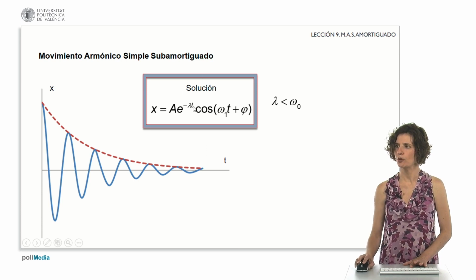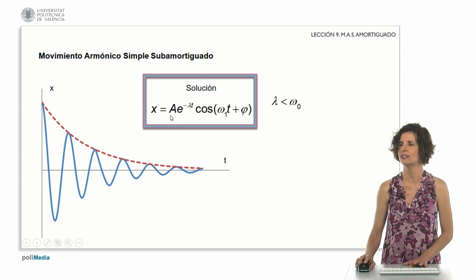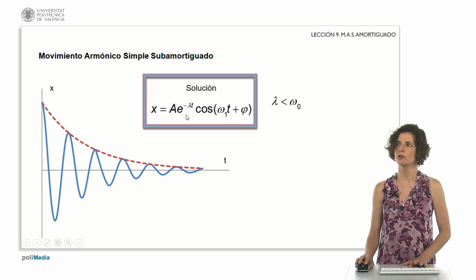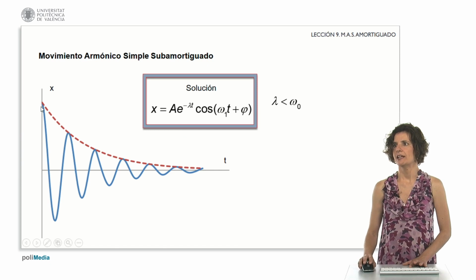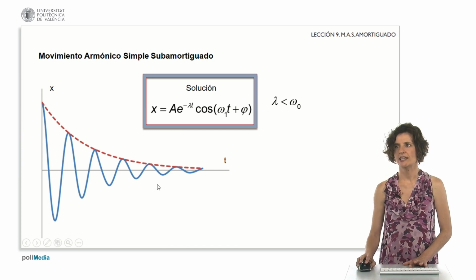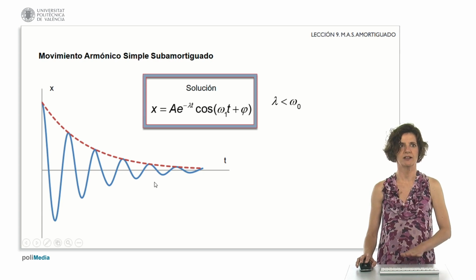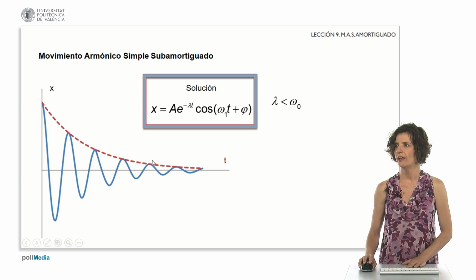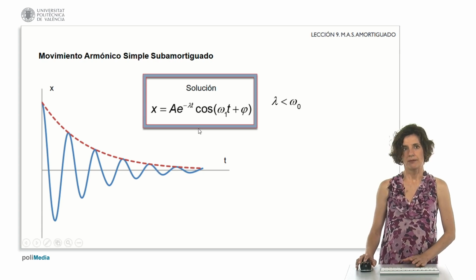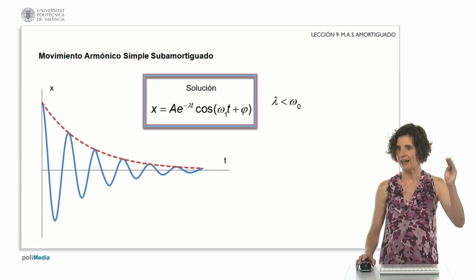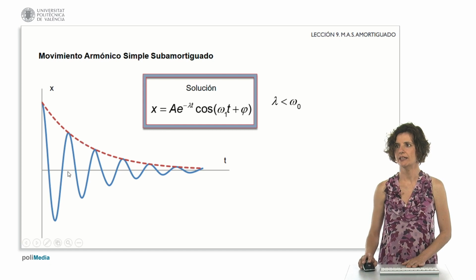Then we no longer have a constant amplitude A as it was in the ideal case without friction, but we have a decreasing exponential, which causes the oscillations to become smaller and smaller until finally the motion ceases. If lambda, the damping factor, is very large, the oscillation will fall rapidly and the motion will last a very short time.